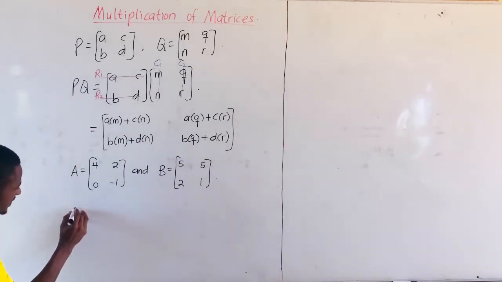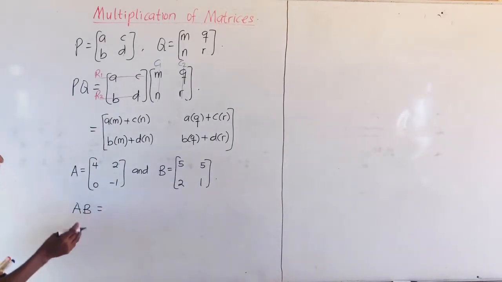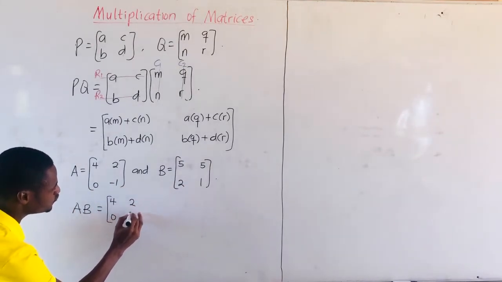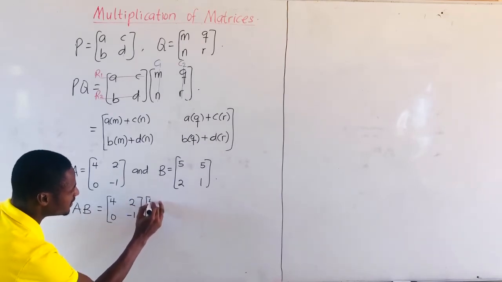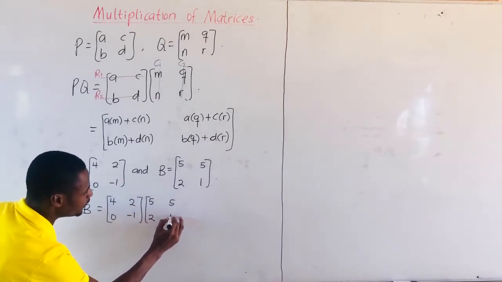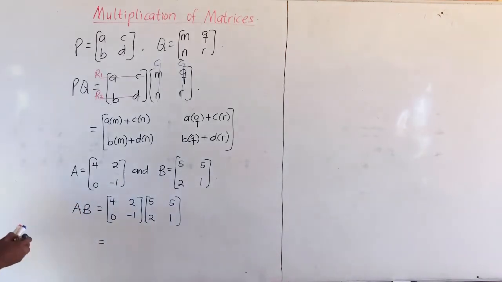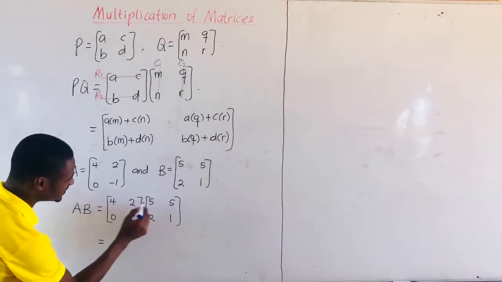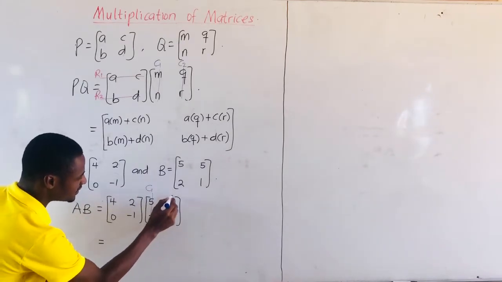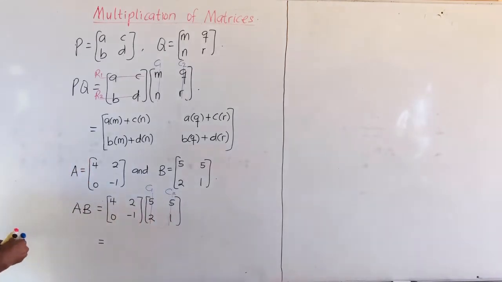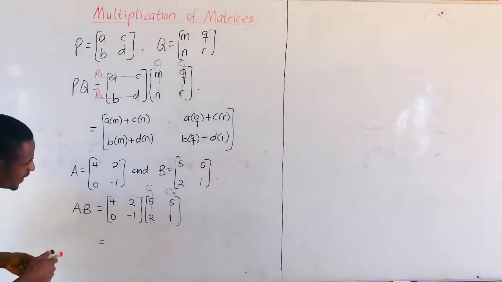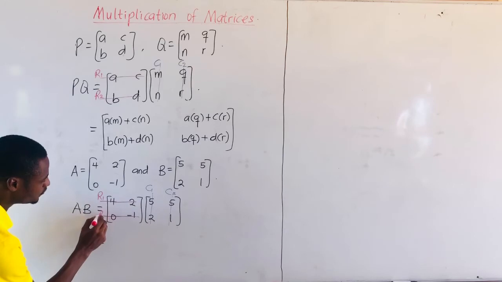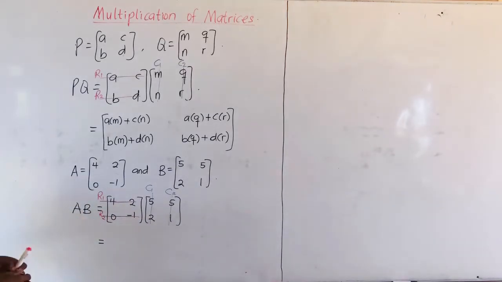Then our matrix AB, which is the multiplication of these two matrices, written as 4, 0, 2, negative 1 times 5, 2, 5, 1, will be equal to, we multiply the columns in the second matrix by the rows in the first matrix. So we have 2 columns in the second matrix, and then we have 2 rows in the first matrix. This is row 1, row 2. Let's do them one after the other.